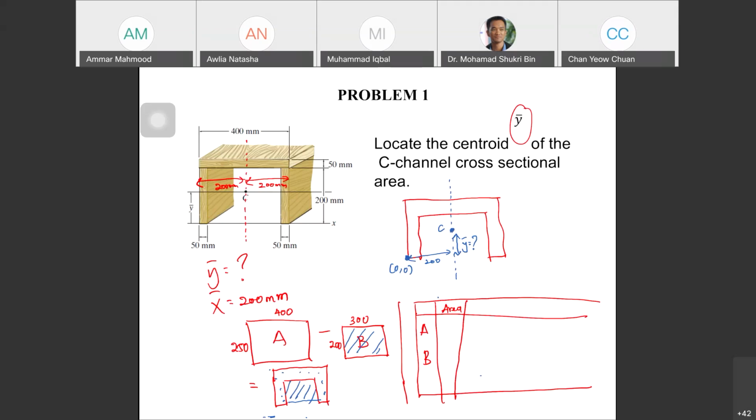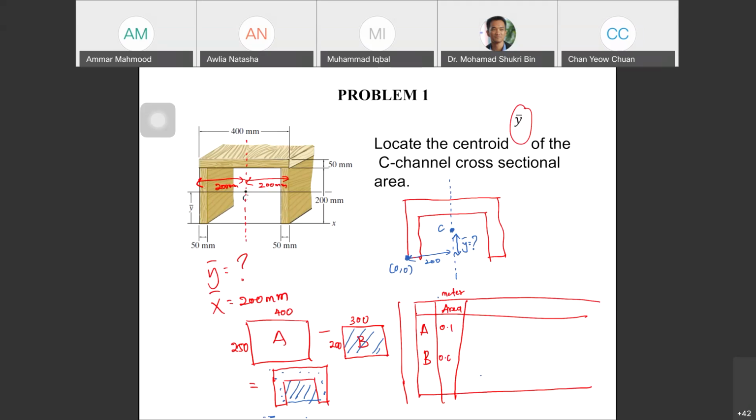Area for A is 400 times 250. I think we can make it in meter, 0.4 times 0.25, you get 0.1 meter squared. For B, the area is 0.2 times 0.3, you get 0.06.